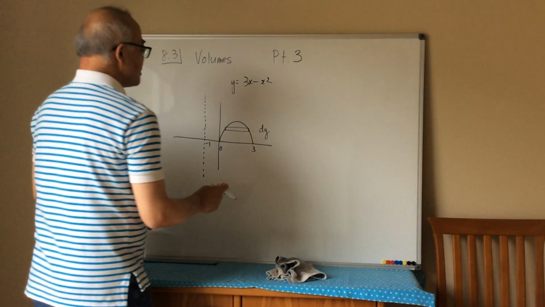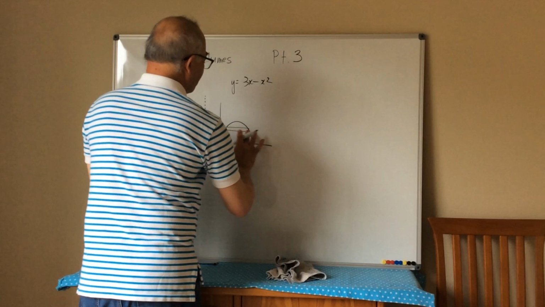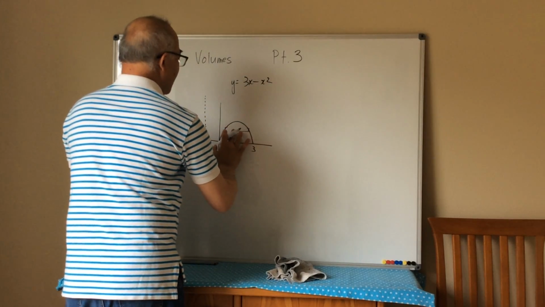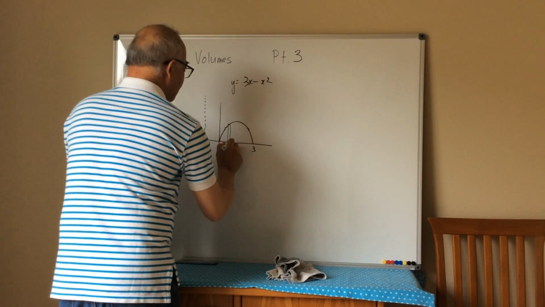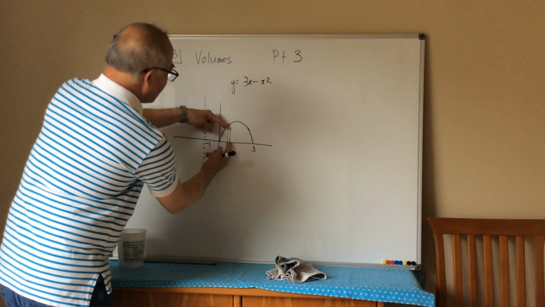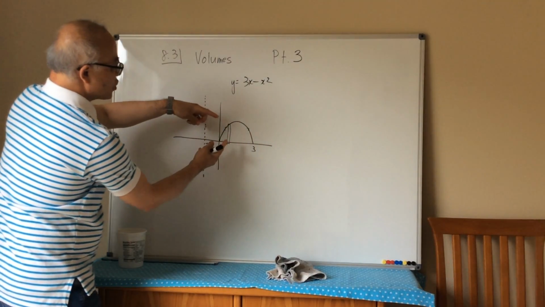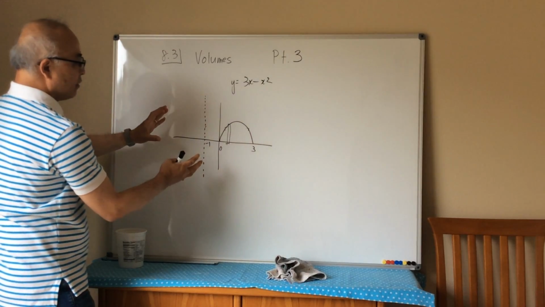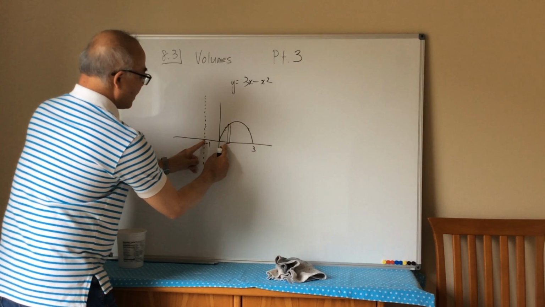So instead of doing dy, we're actually going to do dx here. If you take this slat and rotate it around, what do you get? You get a cylindrical shell, not a cylinder, because you have an outer radius and an inner radius.